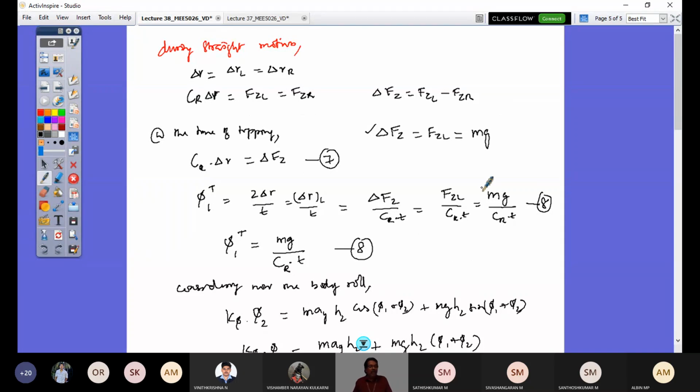What we have done is, from our previous study where we have not considered the effect of suspension in our lateral dynamics, now when I account for that, I have two important observations. One is my vehicle tendency gets influenced by suspension design.